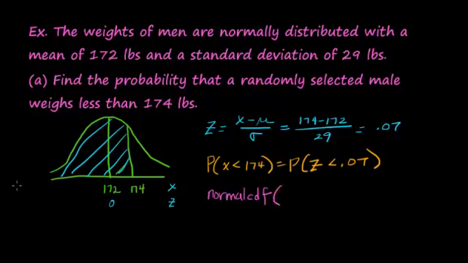Now we're going all the way down to negative infinity, and we said we would use -5. That's 5 standard deviations below the mean. -5 is essentially the same as negative infinity for our purposes, and the upper value is 0.07. And when we calculate that, we've done that many times now, so I won't pull up the calculator, but we got 0.5279.